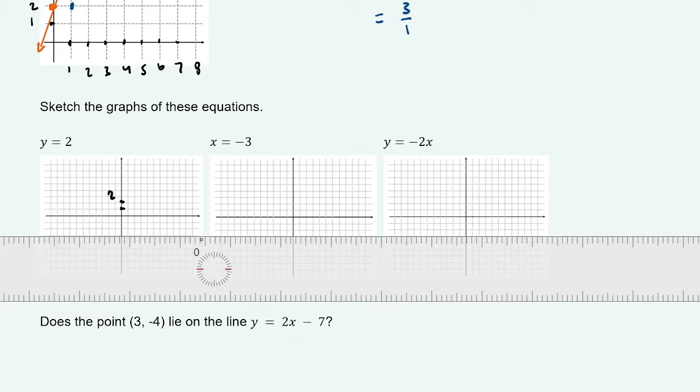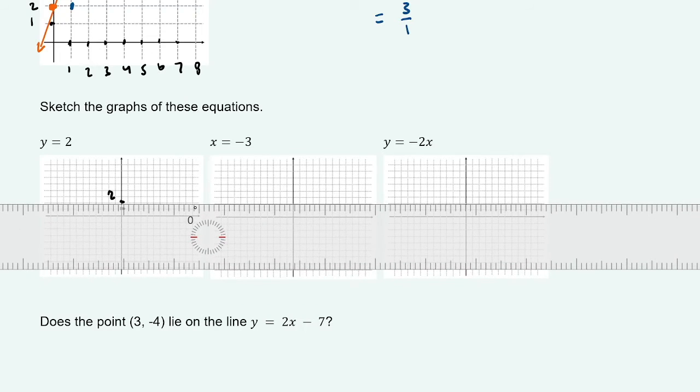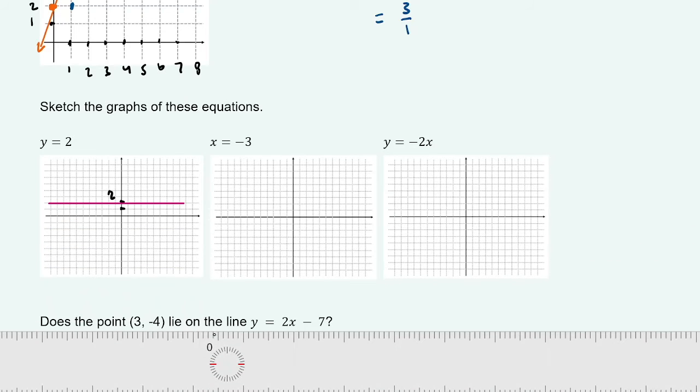So there's my ruler, and I draw through that spot. Arrows at either end to say that it just keeps on going. That is y equals 2.